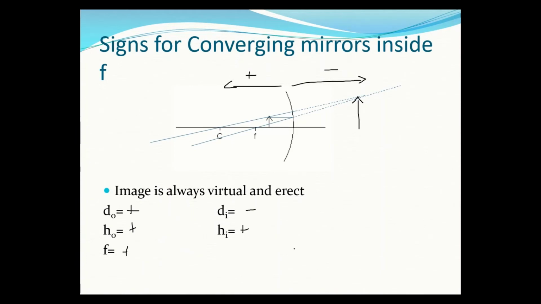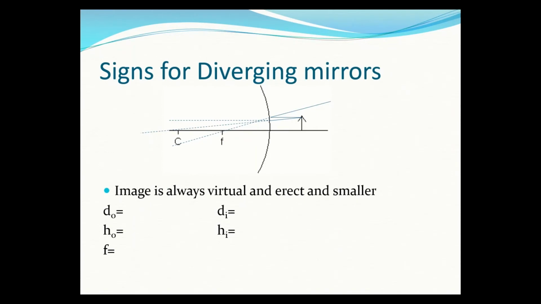Okay, for a diverging mirror, our object is always positive, but now we see that our focal length is on the opposite side of the mirror. So this is important. This is key. This is what most people get wrong with diverging mirrors: your focal length needs to be negative, even if it doesn't tell you in the question.